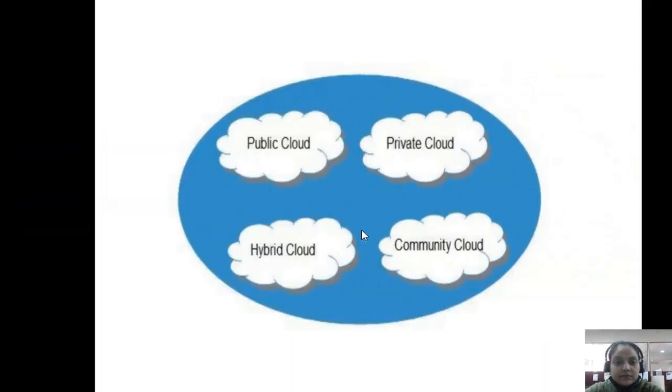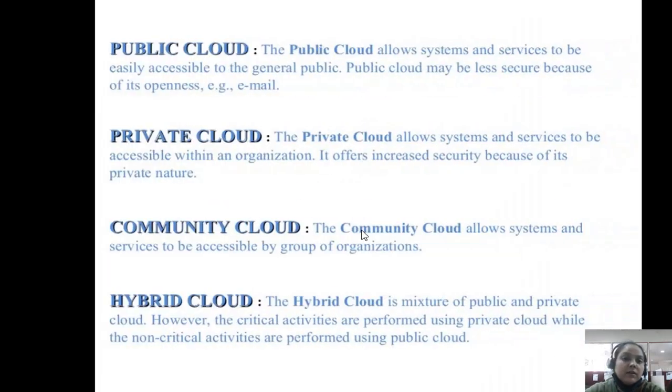Next. So these are the four different types of cloud that I have mentioned here. Public cloud allows systems and services to be easily accessible, like email. I can send email to anyone at any instant of time, but it is much less secure. The private cloud belongs to some specific location which has a lot of security.